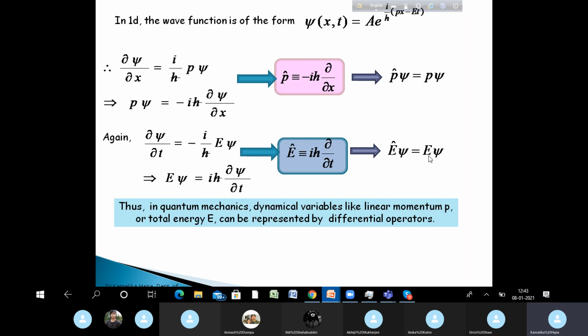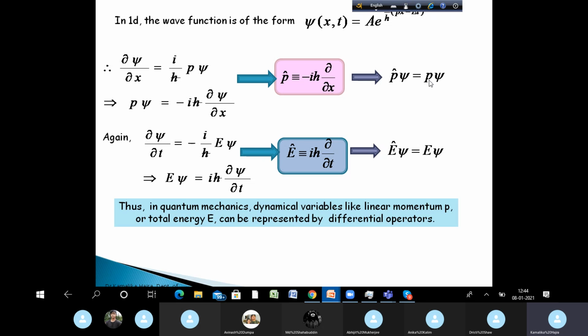This E is just the scalar value of the total energy. P and E here are values, whereas p hat and E hat are operators. So don't get confused with this notation. Whenever we put a hat on top of a symbol, it means it is representing the differential operator and not the absolute value.